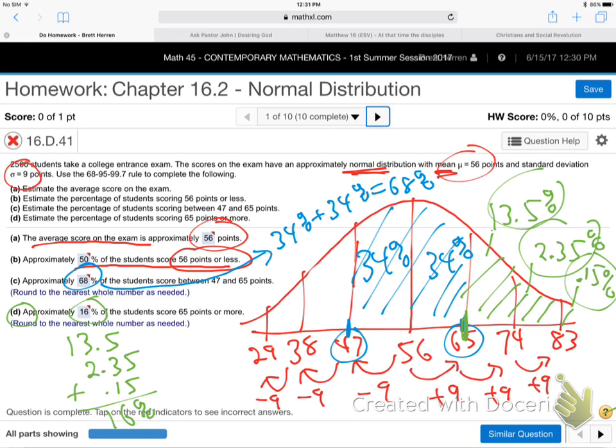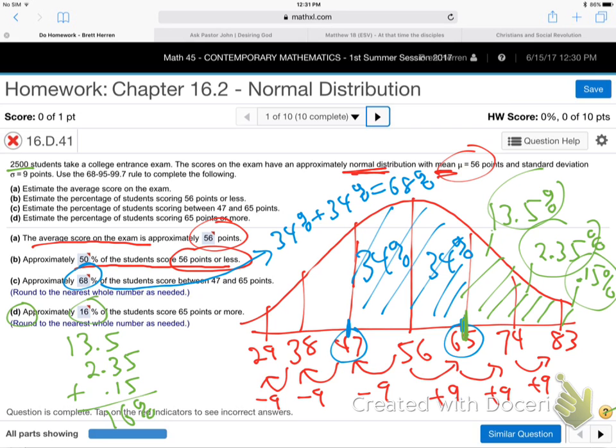How many total? 2,500, you can read that. 2,500 total in the whole curve. So you just take your percentage, make it a decimal, 0.16 times 2,500. So when they ask for actual people, we'll just multiply the decimal form of the percentage times the total. 16% of the 2,500 people, of means times.